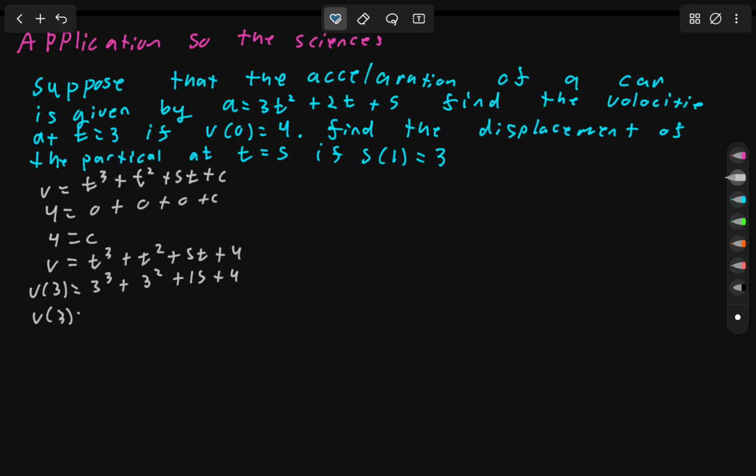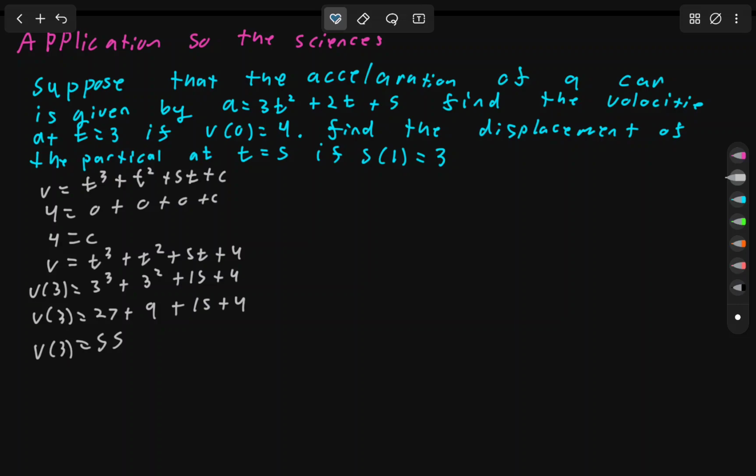So v of 3 is equal to 27 plus 9 plus 15 plus 4. That sums to 55, if my head math is correct. Alright, so we know the velocity at time 3 is 55.